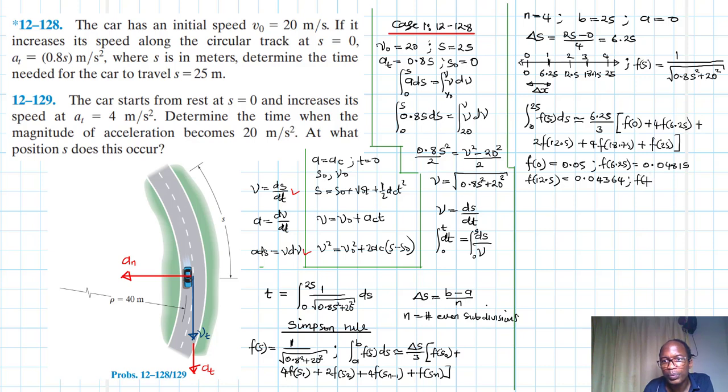Then f of 18.75 gives 0.03831. And finally f of 25 gives 0.03333.